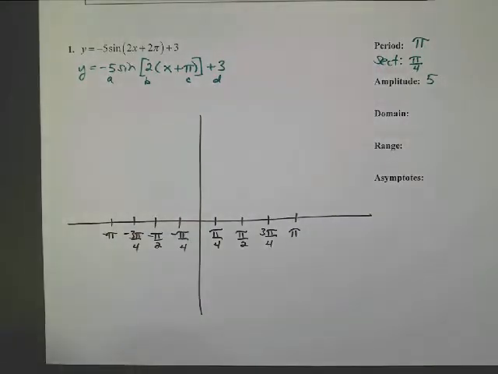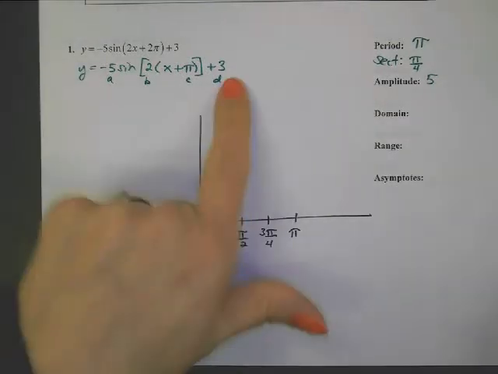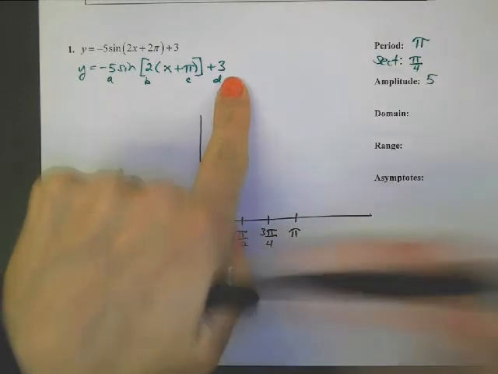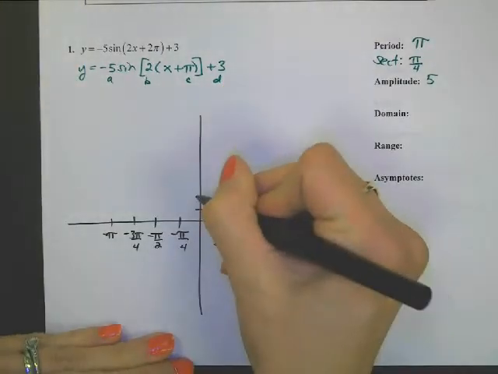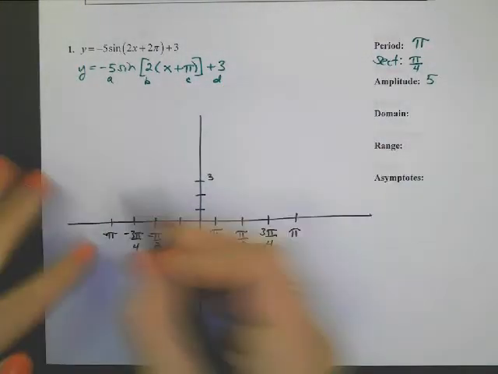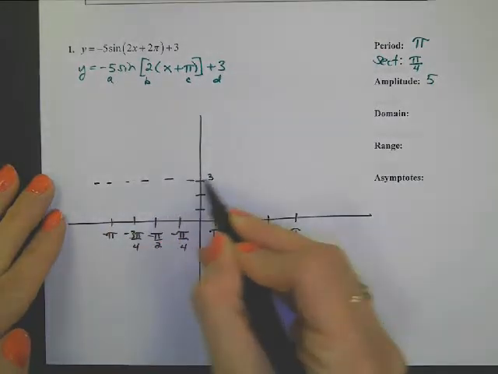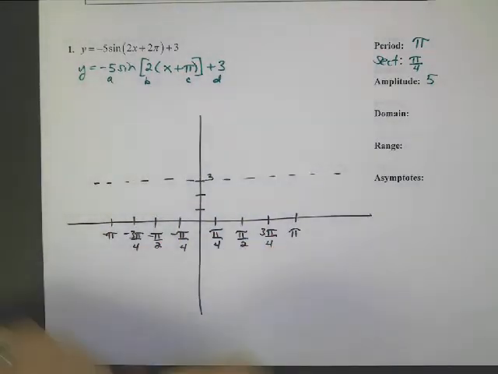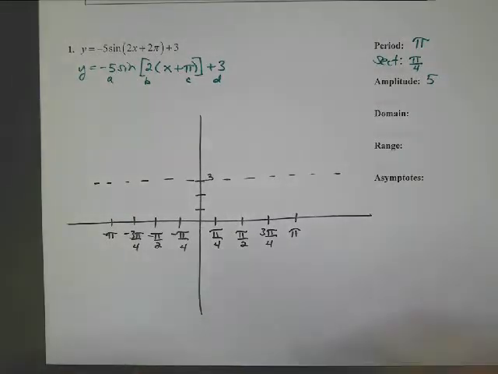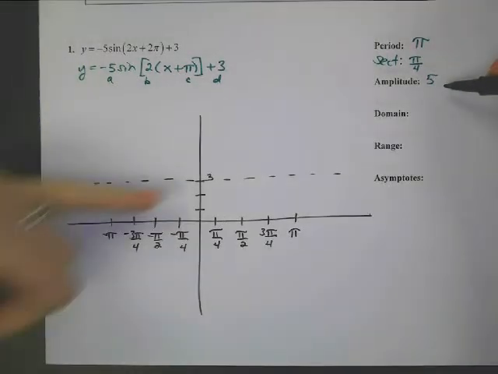All right, let's consider the shift up or down. Step 2 is the shift up or down, and this does have a vertical translation of up 3. 1, 2, and 3. So that is the middle. And what does step 3 say to do? Consider the amplitude. So the amplitude here is 5.